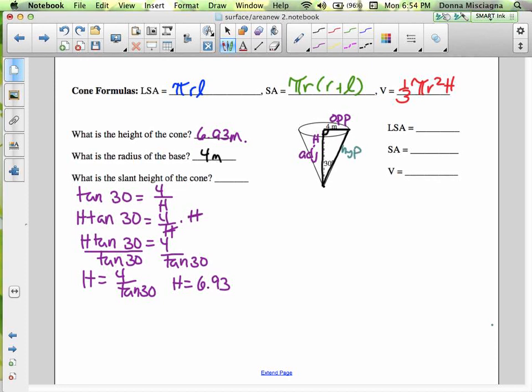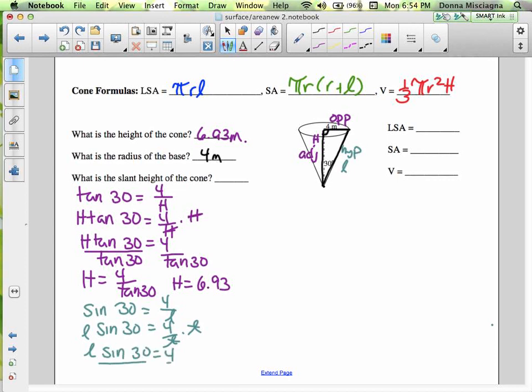All right, so opposite and hypotenuse, well, that would be sine. So sine 30 is equal to the opposite side, which is 4, over the hypotenuse, which we'll call the slant. Let's multiply both sides by the slant. So we have slant times sine 30 equals 4.